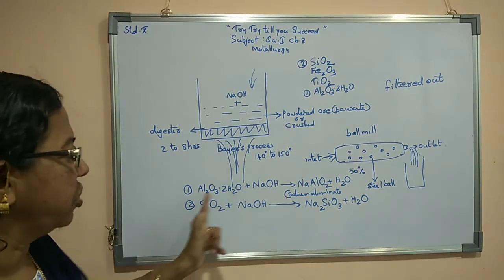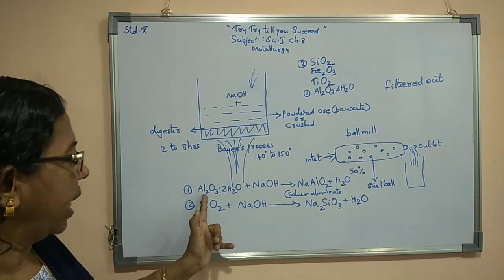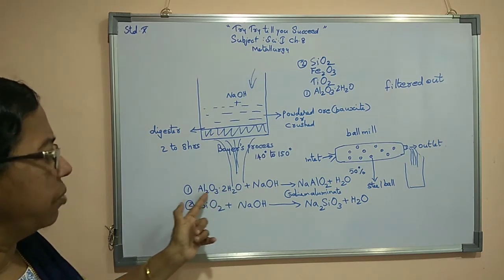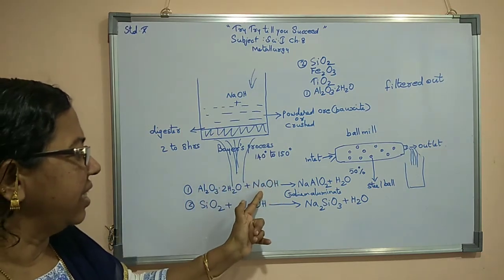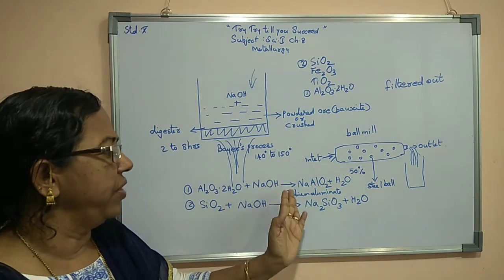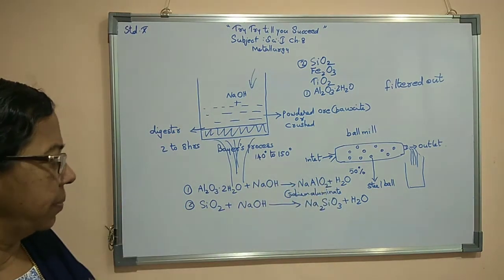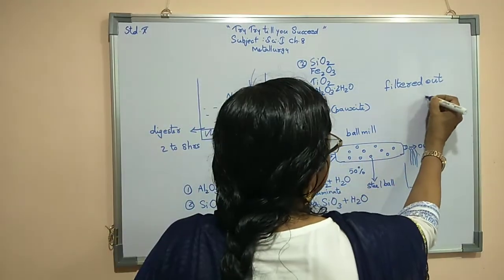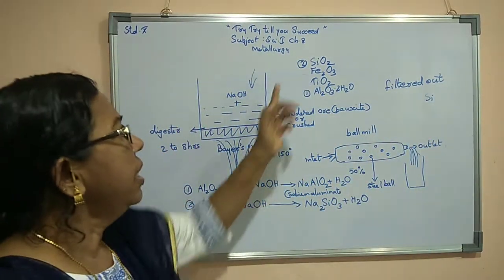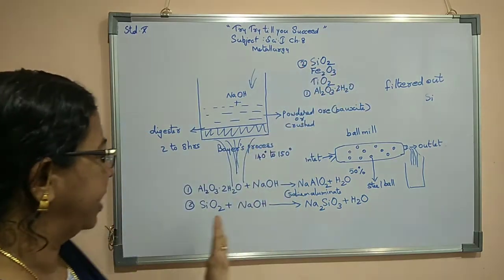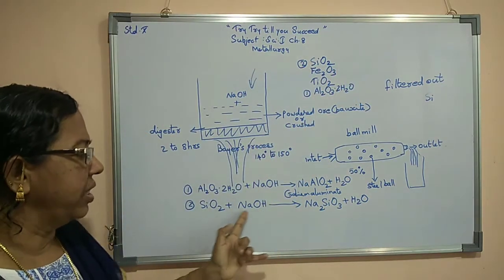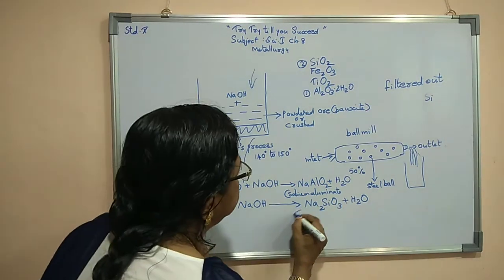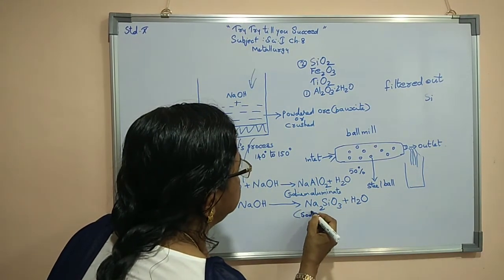Now both the things are dissolved in sodium hydroxide. Aluminium oxide with water molecules reacted with the sodium hydroxide. As a result, sodium aluminate formed. Silicon means Si only. This silicon dioxide reacts or dissolves with the sodium hydroxide. As a result, sodium silicate is formed.